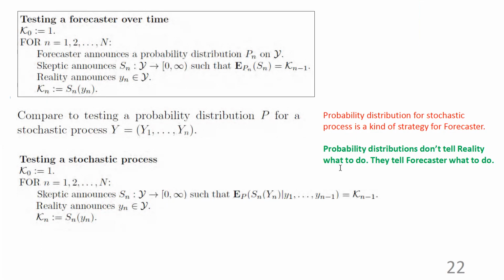Now, is that subjective? Yeah, I guess in an extreme, you could say that's subjective. Sure. The physicist has some subjective probabilities there, but he's being told what to do. Okay, I get it. He's being told by quantum mechanics, you should believe this. So a probability distribution is an instruction for the forecaster.